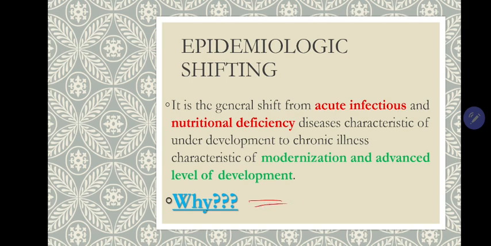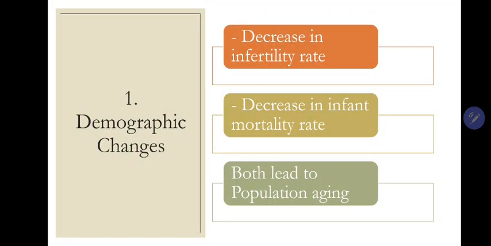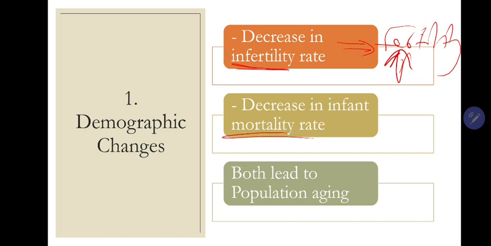Why؟ راح نجاوب على causes of epidemiological shift in the next few slides. So why there is epidemiological shifting? First, demographic changes. Decrease in infertility rate. هذا معناها الfertility increased. إذن decrease in infertility rate. النقطة الثانية decrease in infant mortality rate.